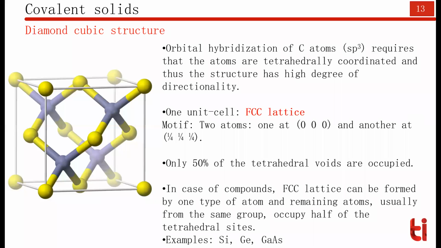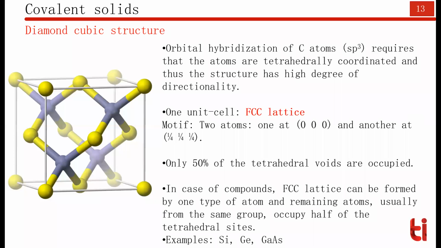So diamond cubic is basically a cubic lattice, or more precisely a face-centered cubic lattice, with 4 of the 8 tetrahedral sites occupied.